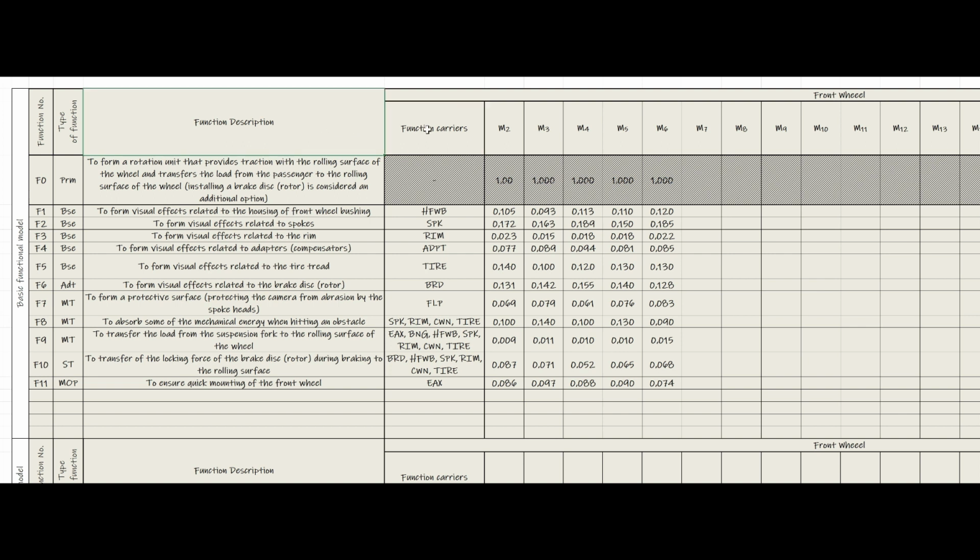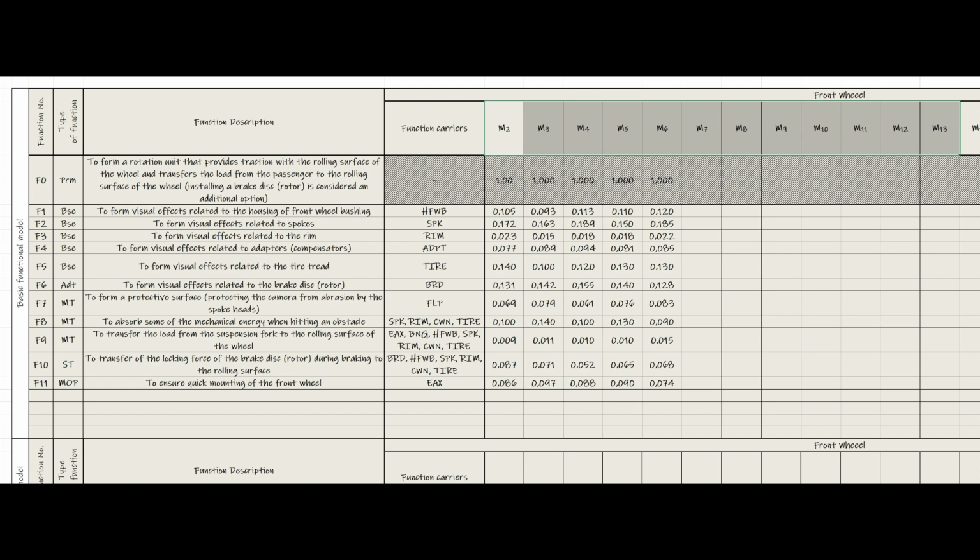Third, the compatibility group of the significance determination methods is determined. See slide compatibility groups of methods for determining significance. The list of methods used for determining significance is determined. The designations of the methods used are entered in the column headers from M2 to M18 of the functional model.